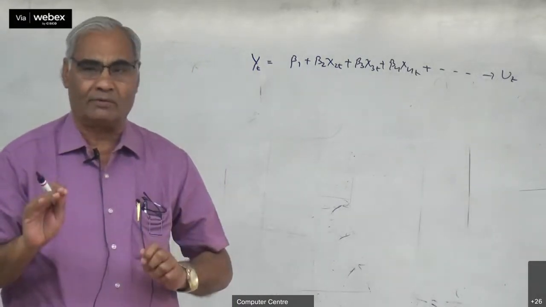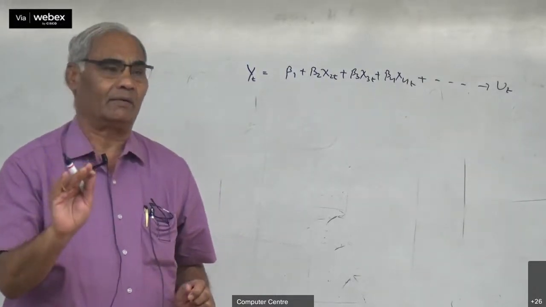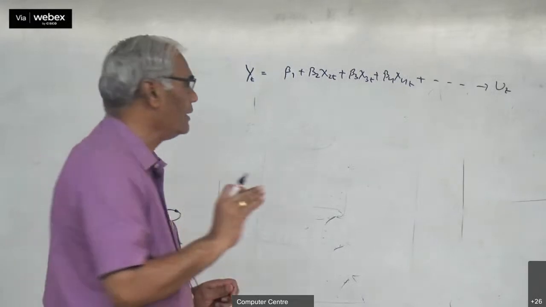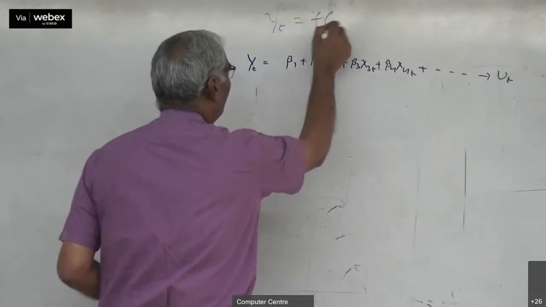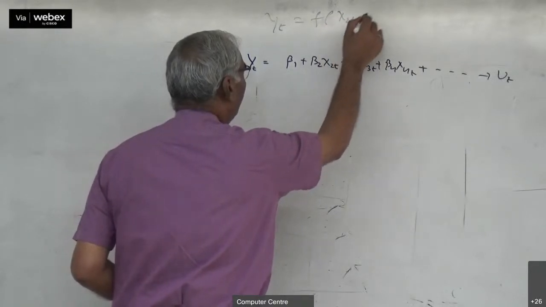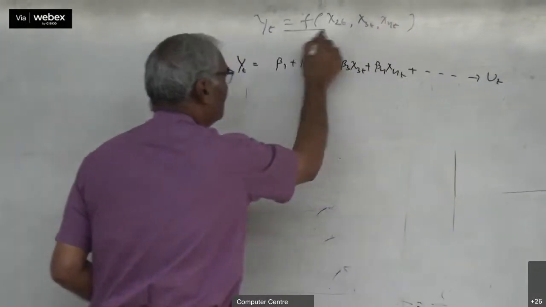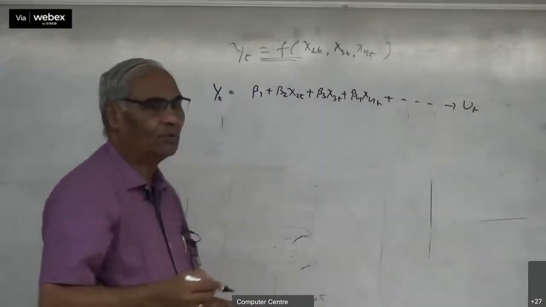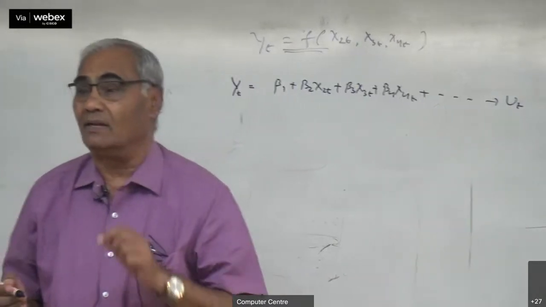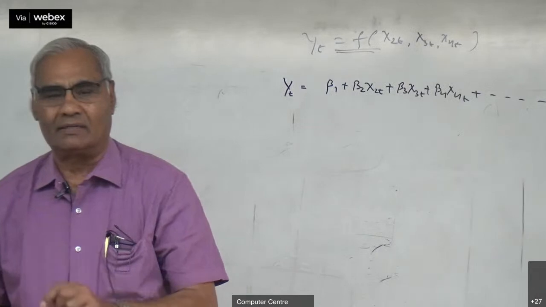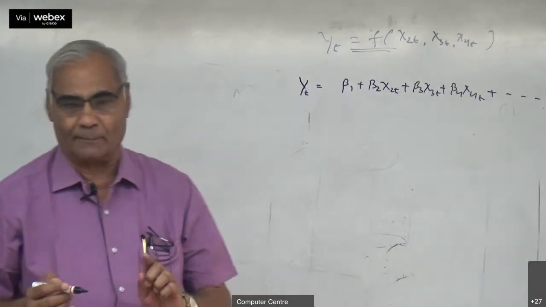If it is more than one, then that is known as multiple regression model. Linear or not linear, that depends on what is the nature of relationship between the dependent variable and independent. This is a functional relationship, and if you assume that functional relationship is linear one, then that model will be treated as linear regression model. That model will be treated as multiple linear regression model.